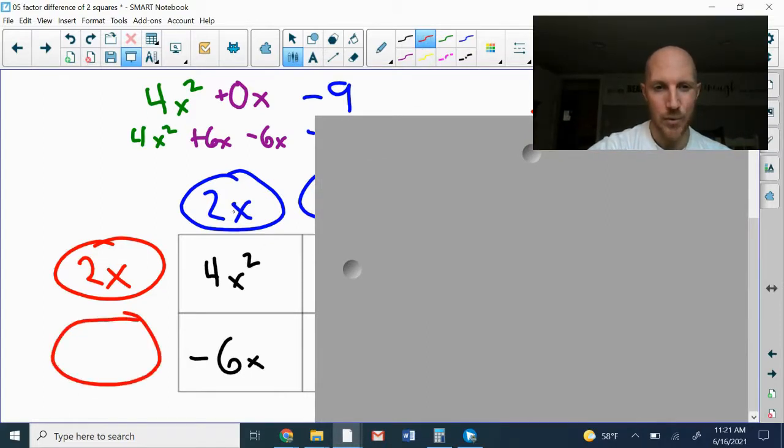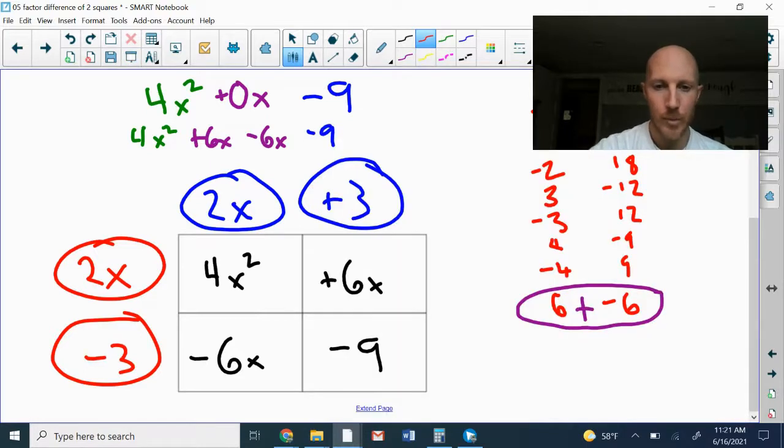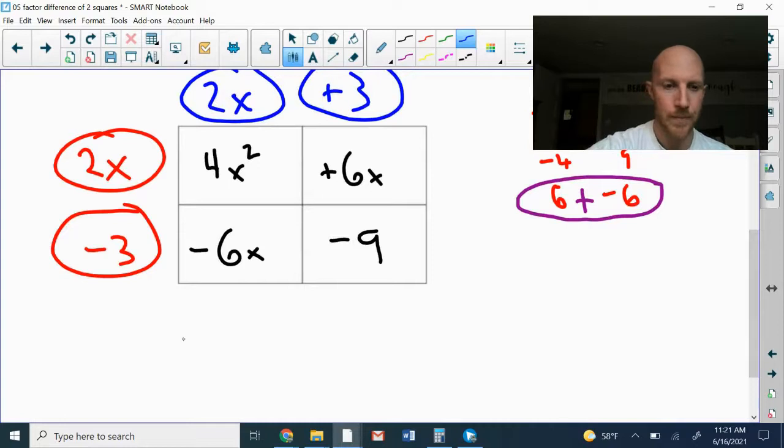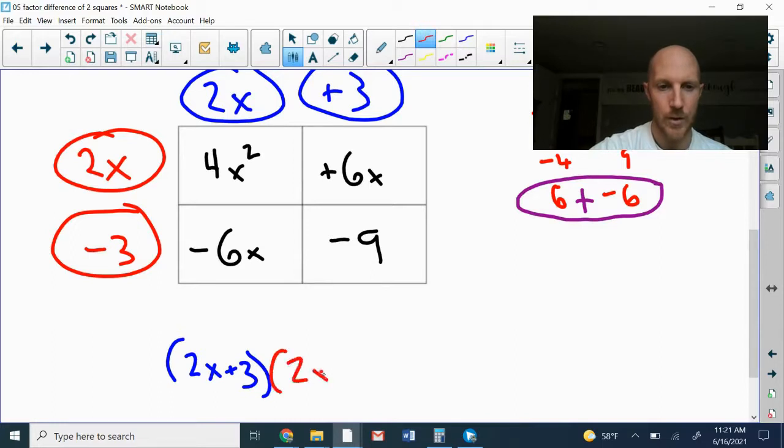So on the top, that blue 2x multiplied by what number in red will give me negative 6x? That's going to be multiplied by negative 3. So my 2 factors: 2x plus 3 times 2x minus 3.